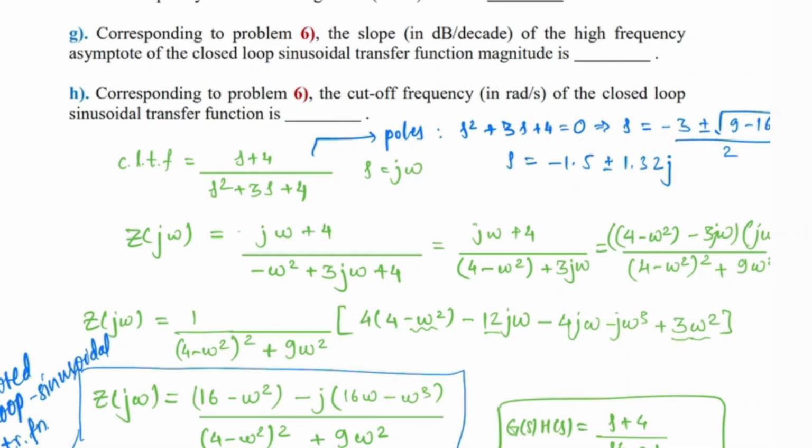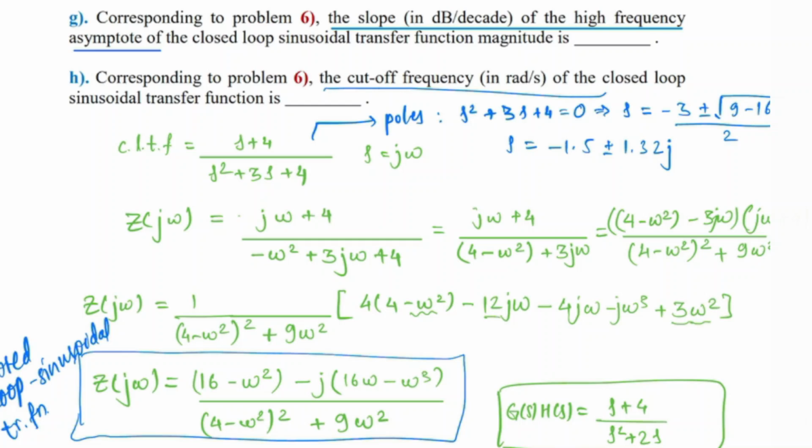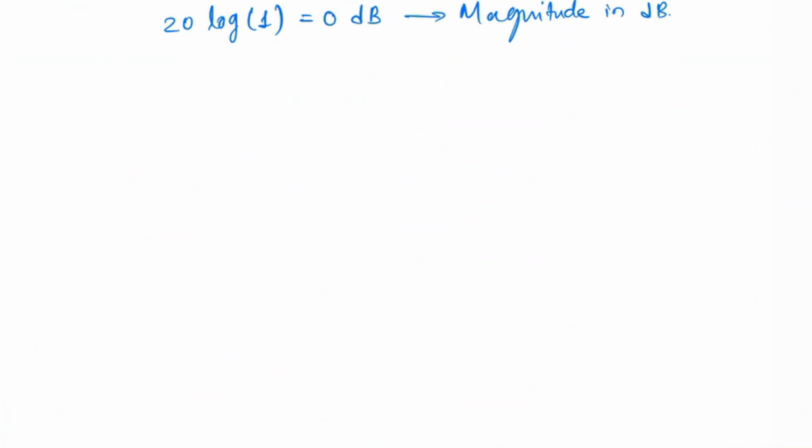Now we have to find two more things: the slope in dB per decade of the high frequency asymptote and the cutoff frequency.